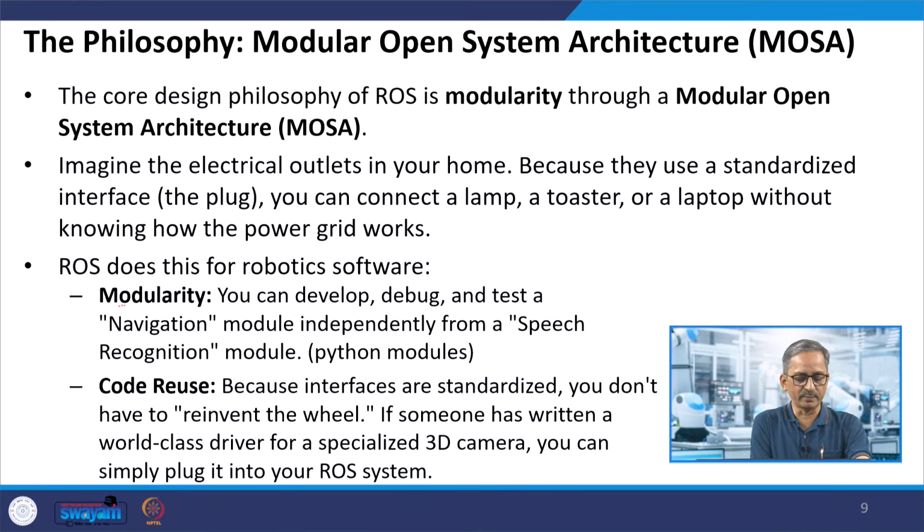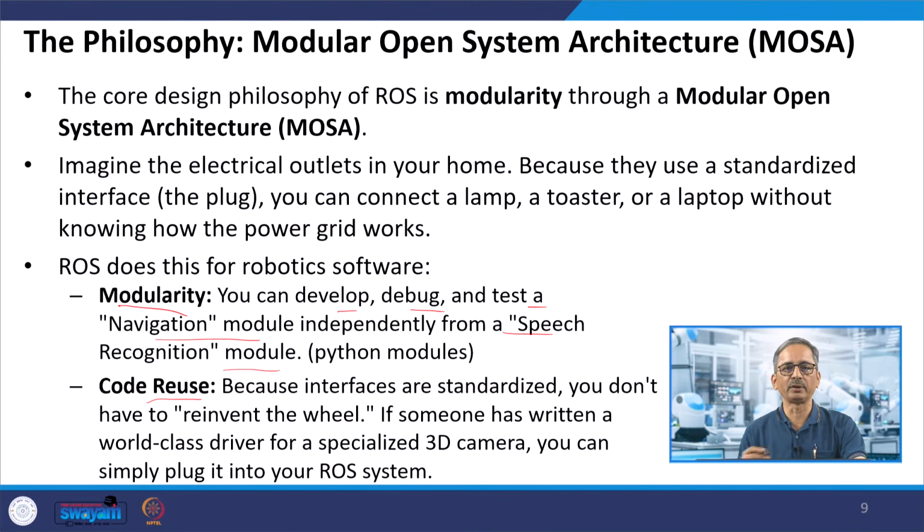So, it provides modularity. You can develop, debug and test a navigation module independently, say from a speech recognition module. Then you can reuse the code, because interfaces are standardized, you need not reinvent the wheel.